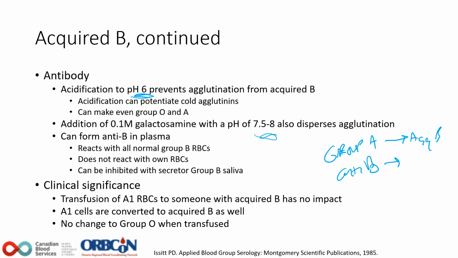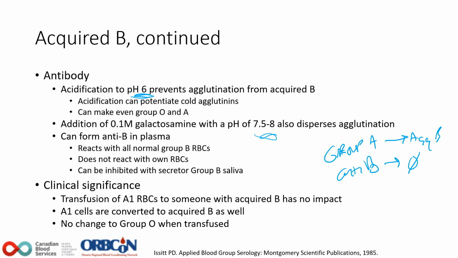And so this anti-B does not react with an acquired B. And it does not react with your own red blood cells, which is essentially acquired B. And that's what's unique about this, right? Your own antibodies don't recognize this acquired B phenotype, but they'll react with everything else. And your antibody can be inhibited with group B saliva.